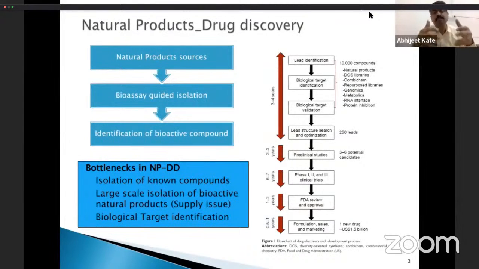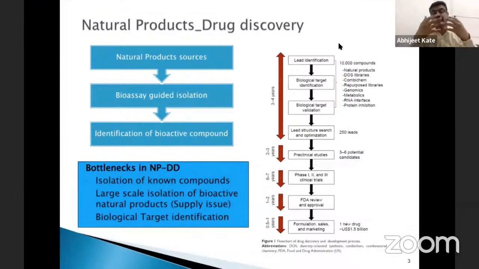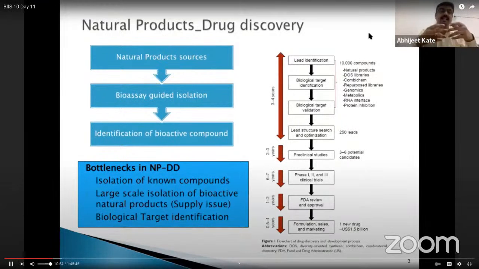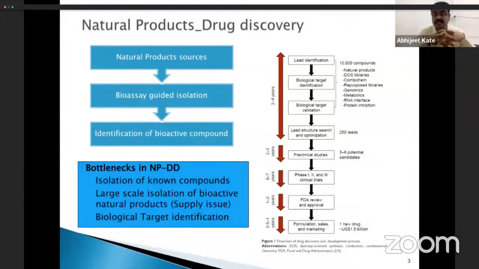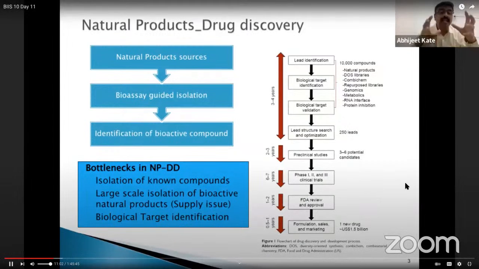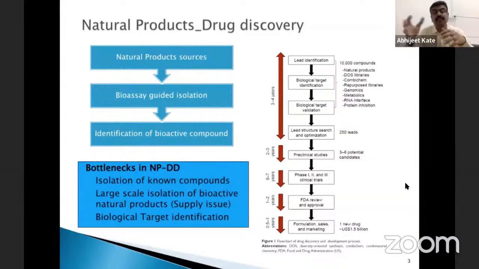Now, when we isolate the compound, we understand its structure, and when we check whether anybody has published this structure already or not, and the answer is yes, it is kind of a futile exercise, unless you have a very good, significant improvement in the biological activity. Otherwise, it is difficult to even publish that knowledge. So, that is one of the major challenges, and this is also the challenge faced by most of the scientists all over the world.